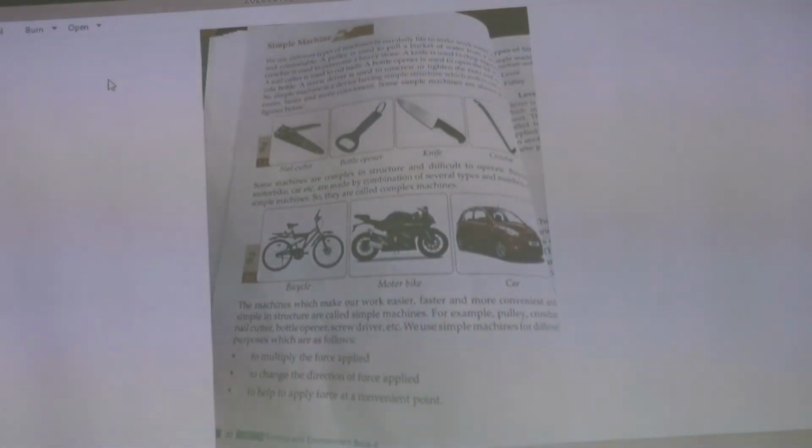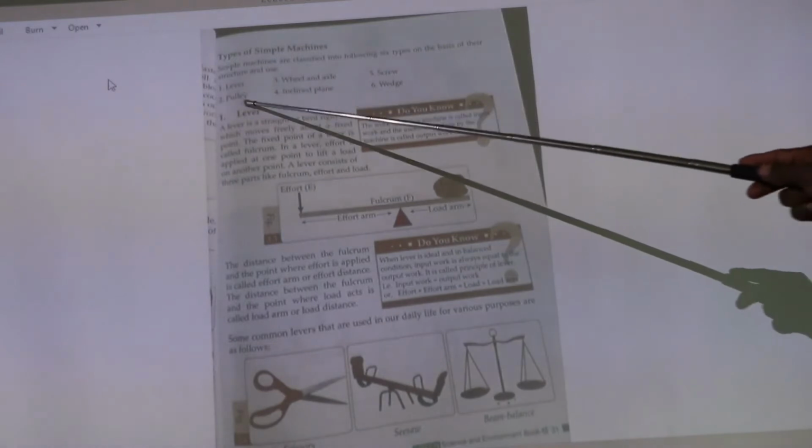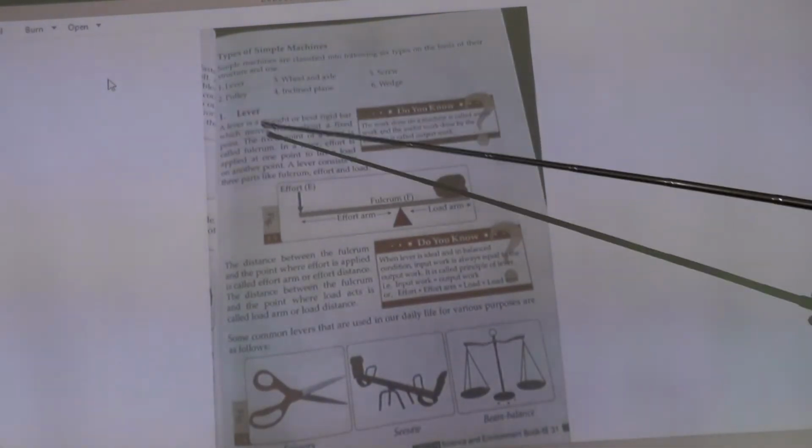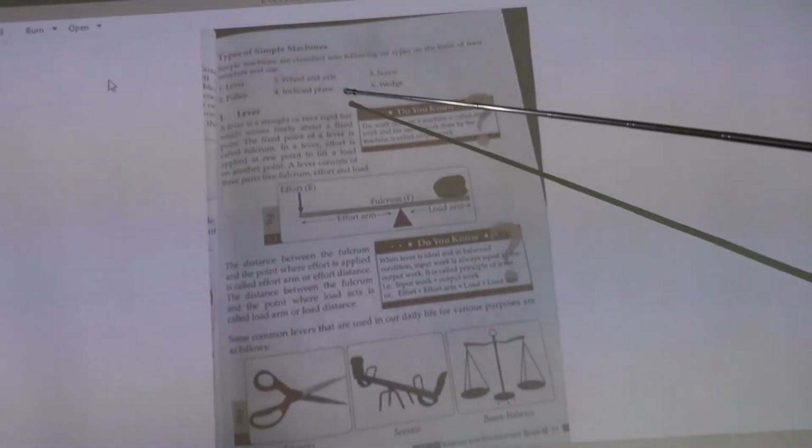Now, the types of simple machine. Simple machines are classified into the following 6 types on the basis of their structure and use. They are: number 1, lever; number 2, pulley; number 3, wheel and axle; number 4, inclined plane; number 5, screw; and the last one, number 6, wedge.